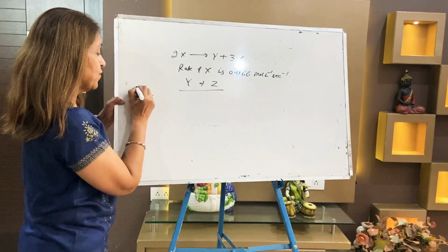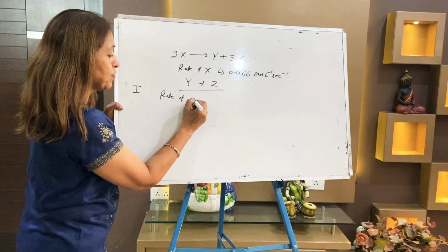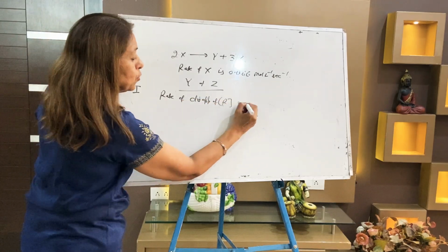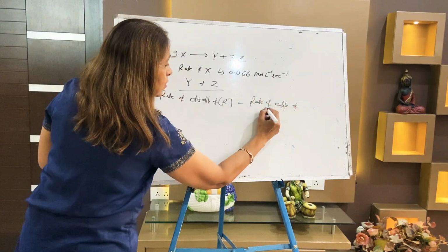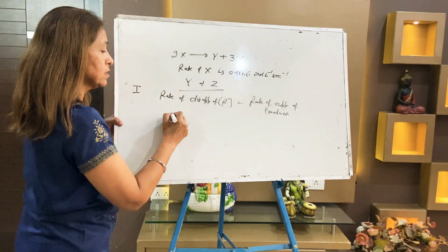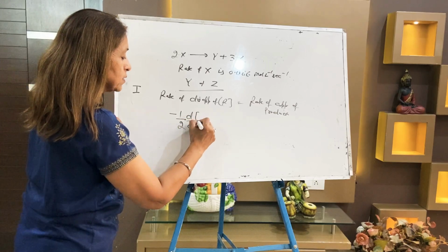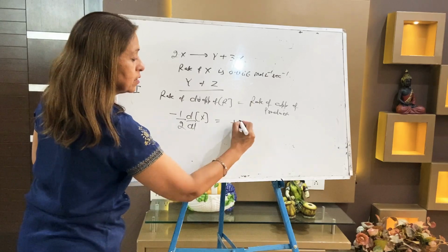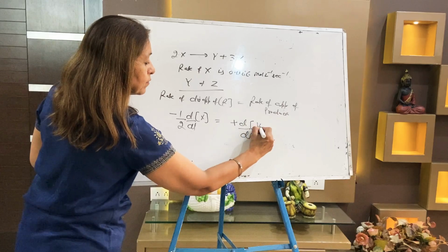Now you will apply first for y and then for z. Write the formula: rate of disappearance of reactant is equal to rate of appearance of product. Now write the rate expressions under this. Minus 1 by 2 d by dt of x is equal to plus d by dt of y, it's simple.